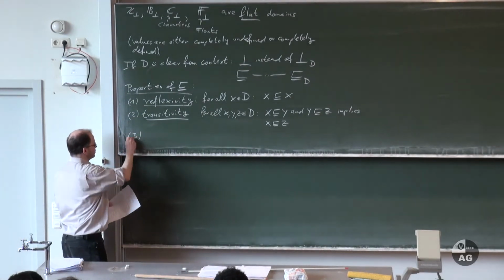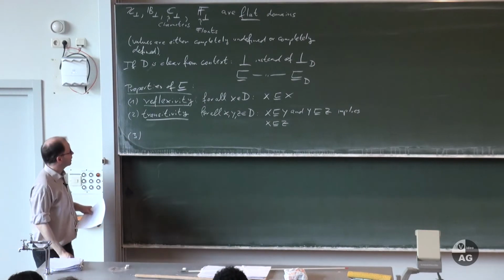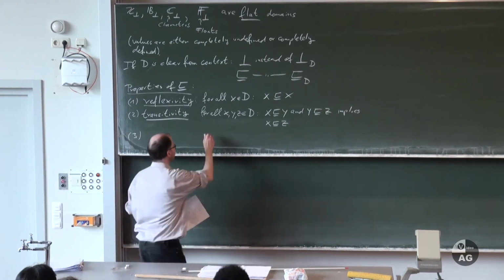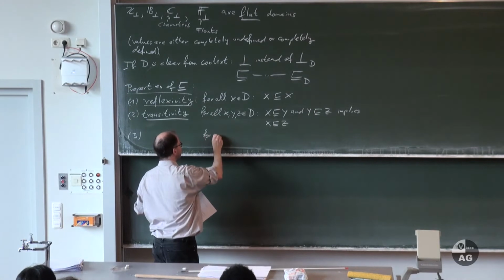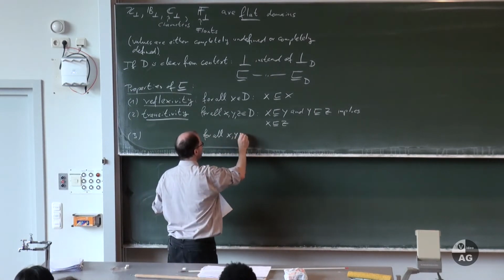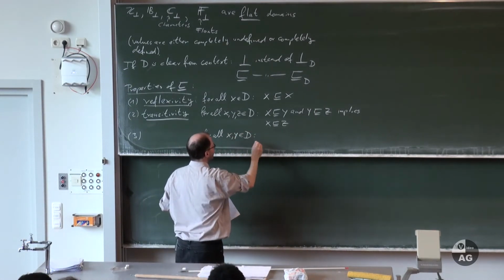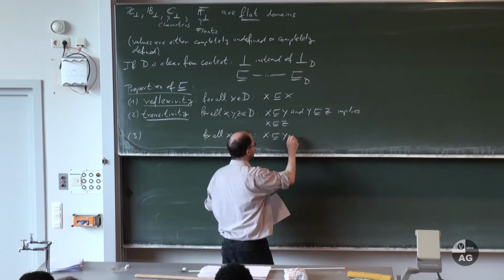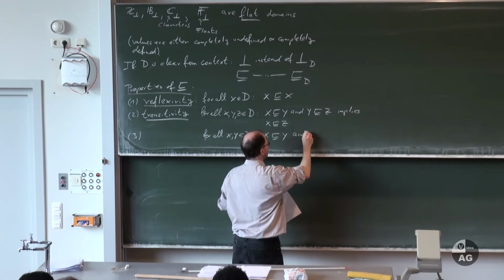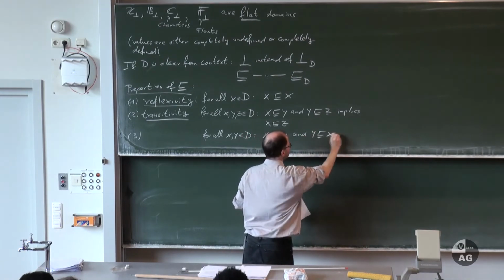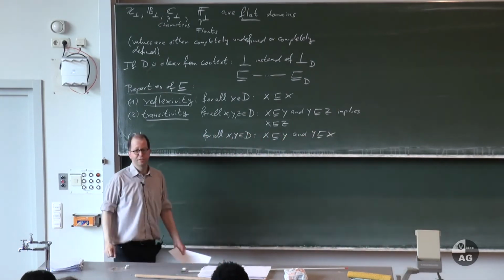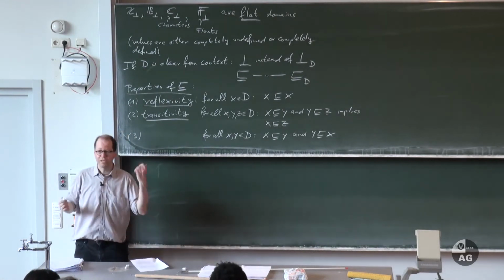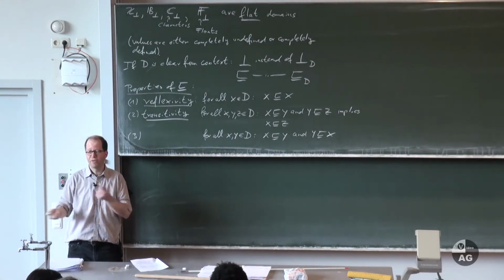And, well, what about symmetry? If I have x and y, and x is less defined or equal to y, and y is less defined or equal to x. Can this happen? That you have two values, one is less defined or equal to the other, and vice versa.